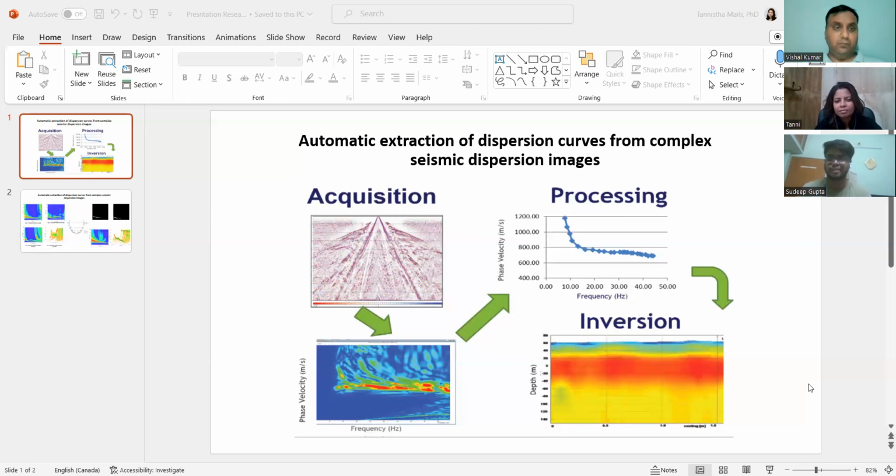The seismic dispersion image, you can think of it as a heat map. As you can see on the screen here, the bluish picture, the heat map has the red spots. Those are called the peak energy spots, and those are where the seismic dispersion curves lie. In the acquisition phase, we conduct a seismic survey, also called a multi-channel analysis of surface waves survey.